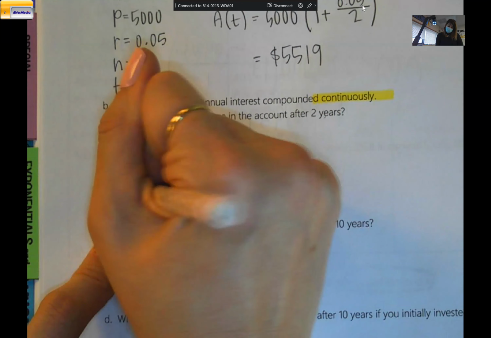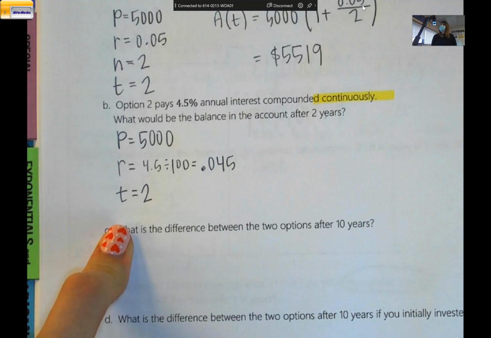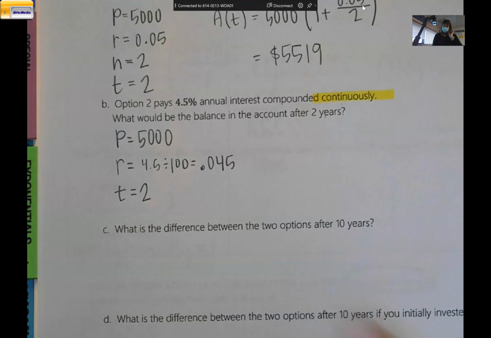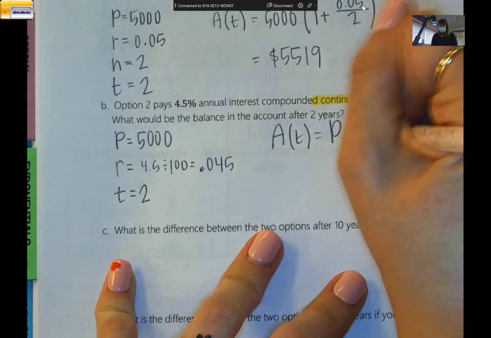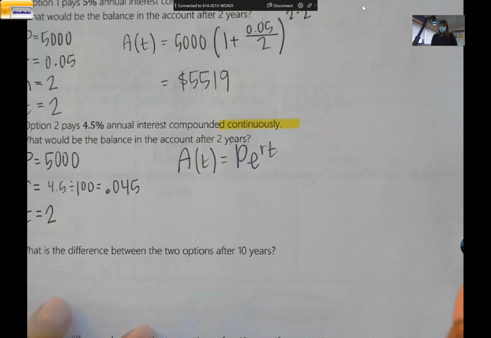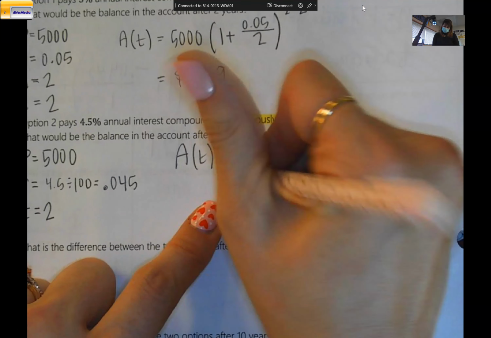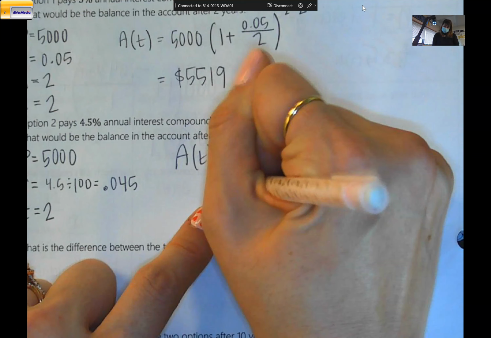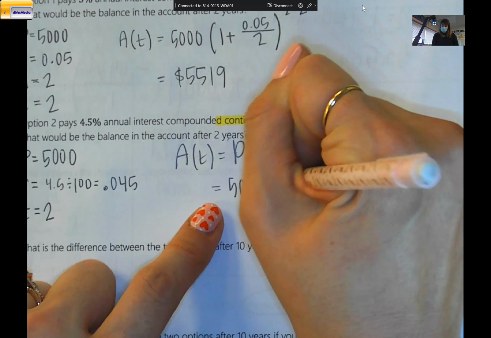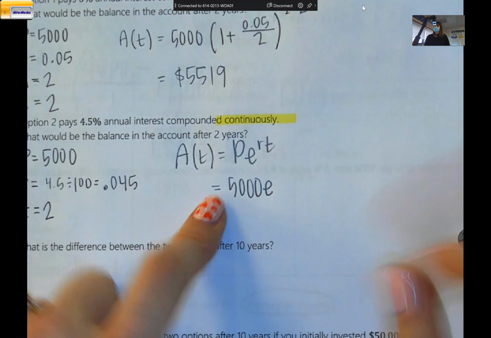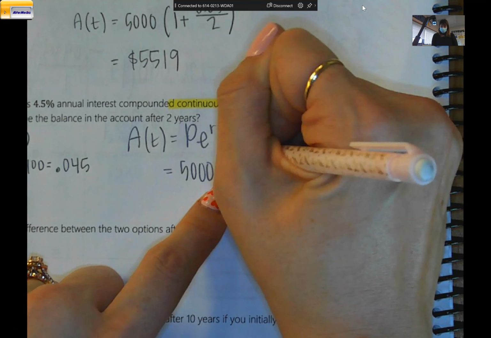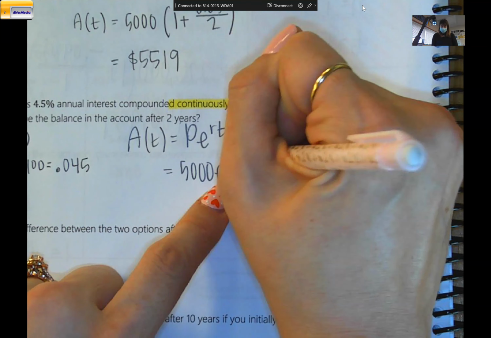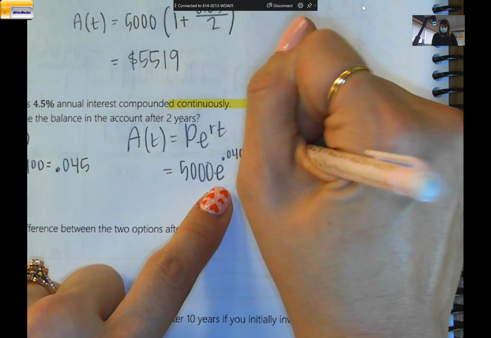And T is 2 years. So we're using this formula, and you don't have to write it down. I'll just write it down so it's right there. Principal amount is 5,000, E, natural base, to the 0.045 times 2.